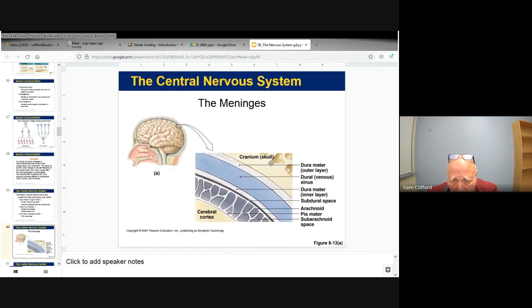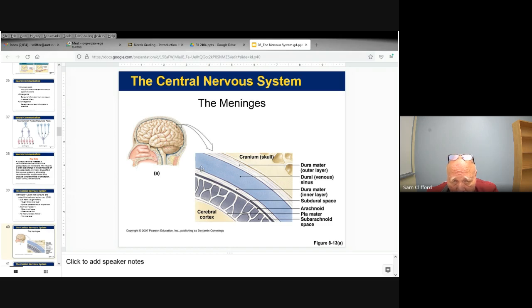Here we have the skull, the dura mater, the dural sinus, with the two layers of the dura mater, then the arachnoid and the subarachnoid space where cerebral spinal fluid can circulate around and into the vesicles of the brain.